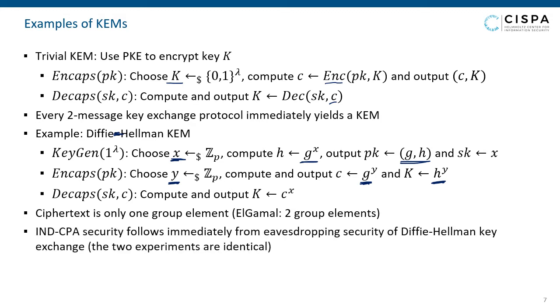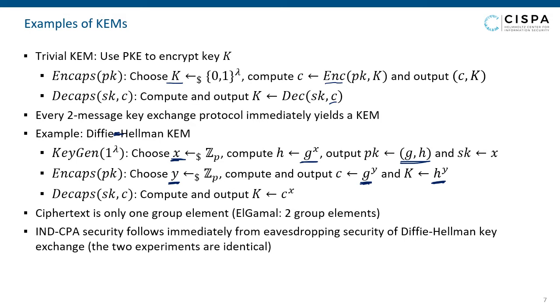And in fact, the IND-CPA security of this key encapsulation mechanism follows immediately from the eavesdropping security of the Diffie-Hellman key exchange, or phrasing it differently, it follows immediately from the decisional Diffie-Hellman assumption.